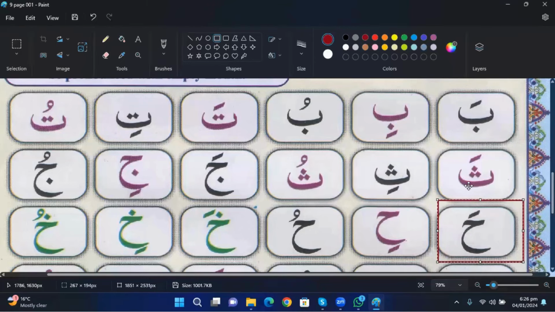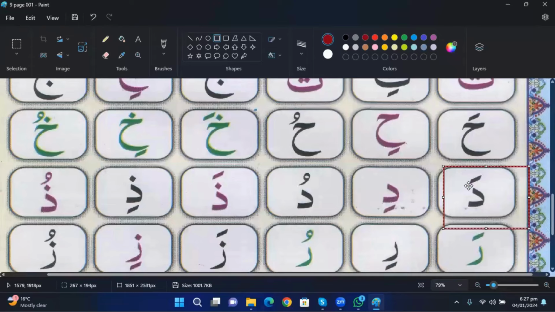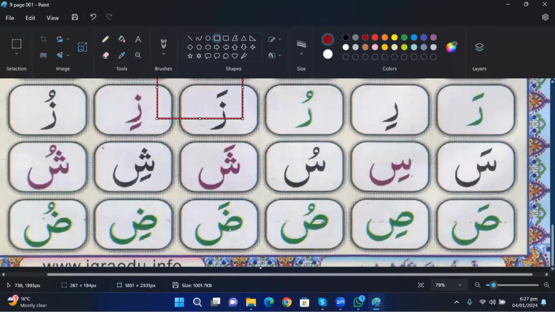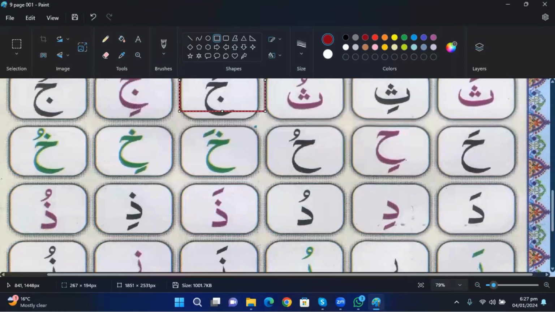Dal fatha da, ra fatha ra, sin fatha sa, swad fatha sa. So fatha gives us a sound at the end.